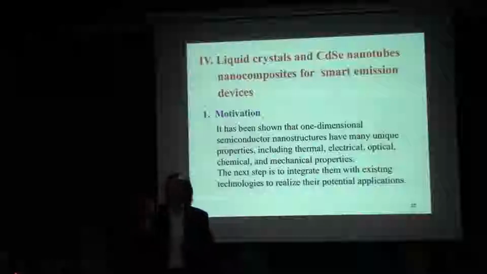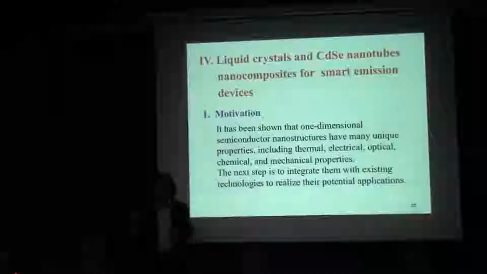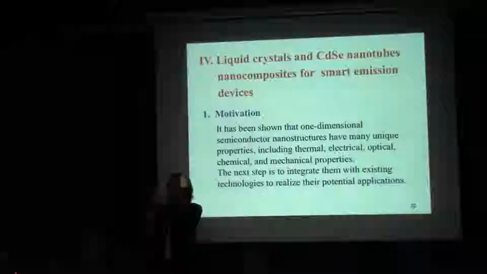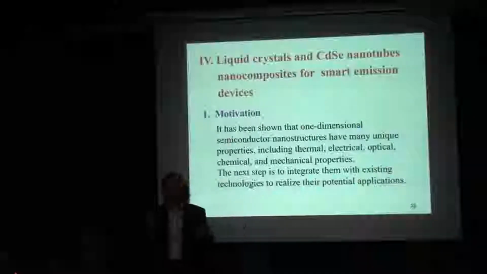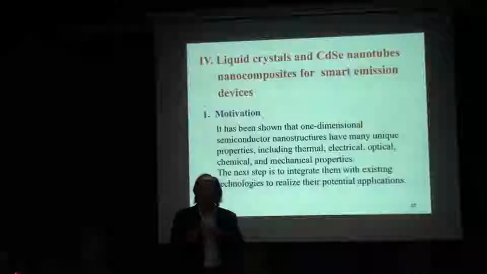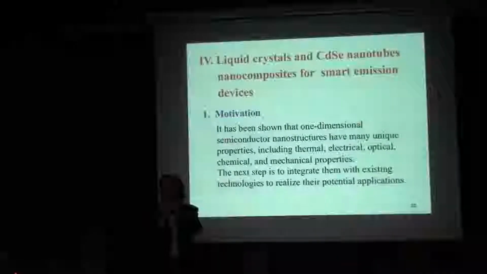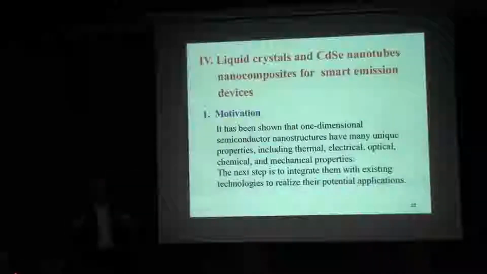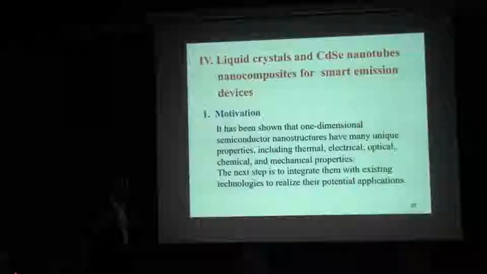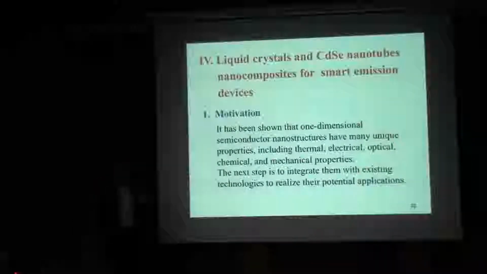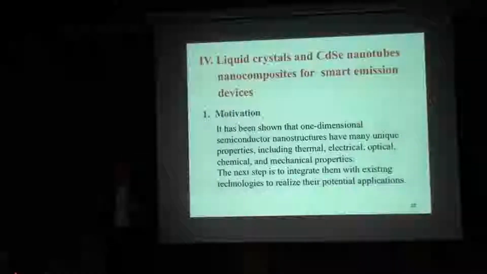In the liquid crystal device, the long chain molecules will align along a certain direction. After you apply an external electric field, you are able to drive the orientation of the liquid crystal molecules, and therefore you are able to control the light path, the property of incident light.